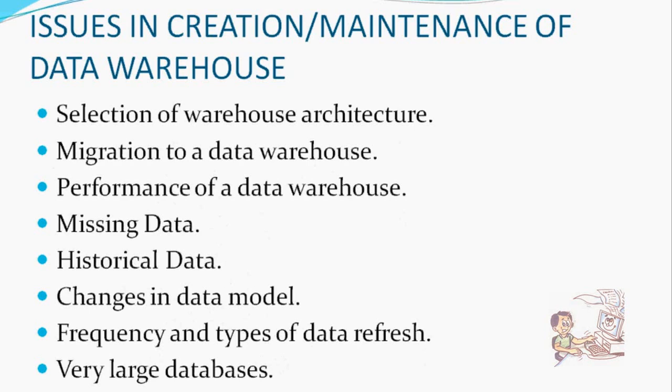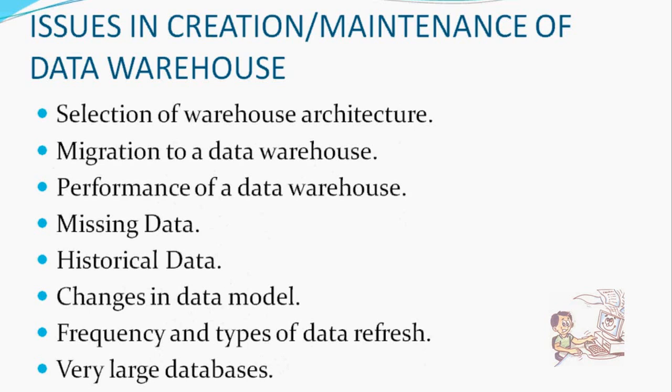You are applying some logic, preparing some business rules, so using that, you need to check whether you are missing any data or not. Historical data: each and every transaction, we need to check whether we are getting it or not. Performance: when you are retrieving the data from the tables, we need to look at performance also.